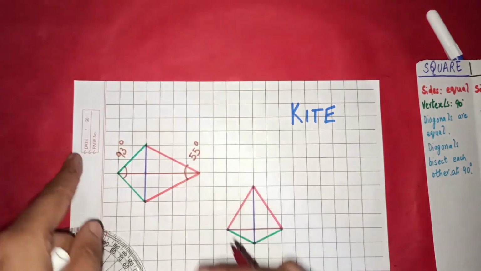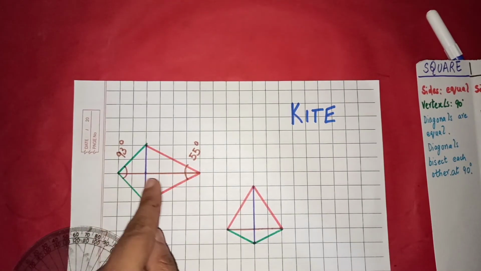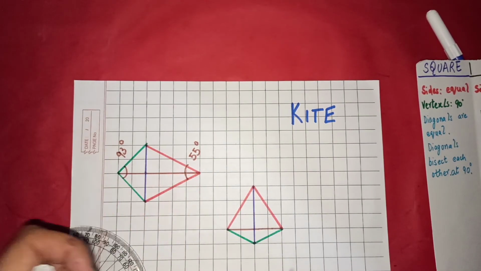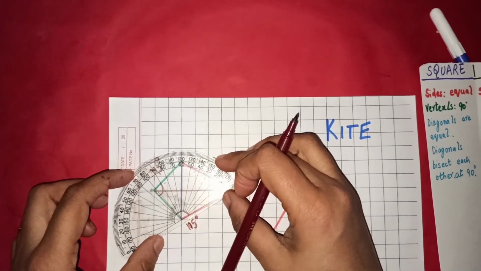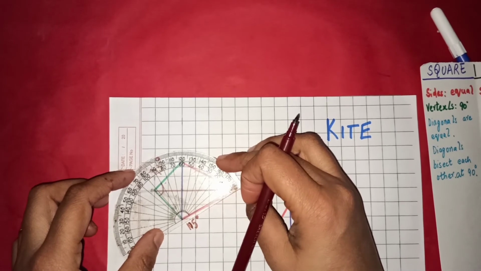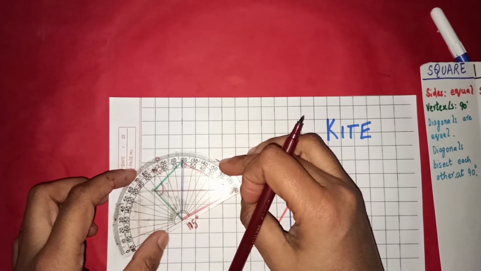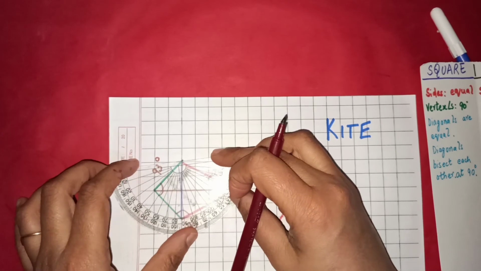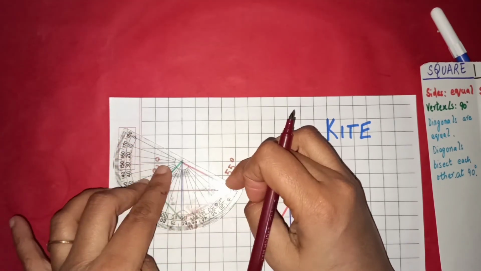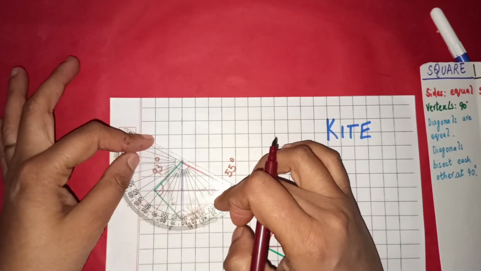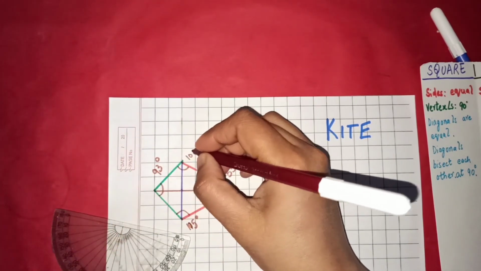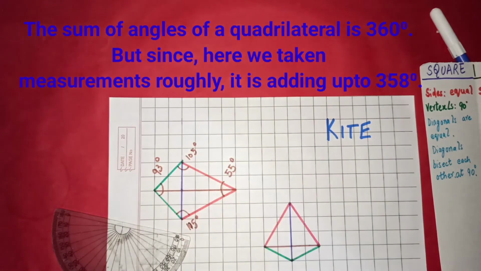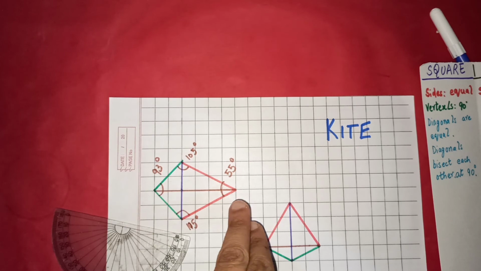So that means our intuition was correct that this set of opposite angles are not equal. Now let's check this angle. It is around 105 degrees and this one also is around 105 degrees. So we see that one pair of opposite angles are equal but not the other pair.